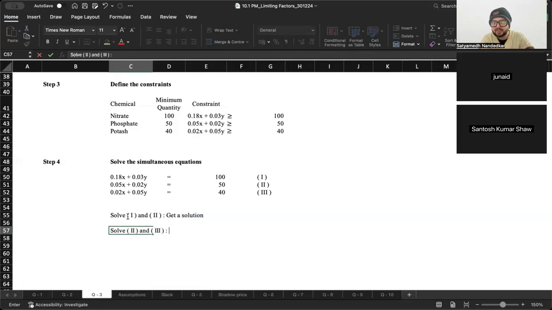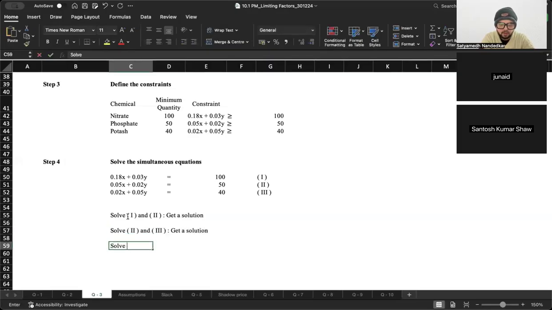I want you to practice simultaneous equations, which is why this will help. Get a solution and solve 3 and 1. उसके लिए also get a solution. 1 and 2, 2 and 3, 3 and 1, तीनों को solve करो, get a solution for each one of them. And once you get x and y, कितना कितना है, three different answers, try to see which one gives you the minimum cost. यहाँ पे you have to minimize the cost.